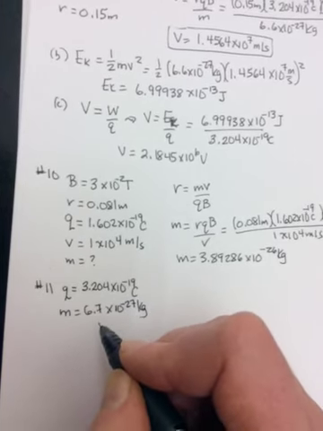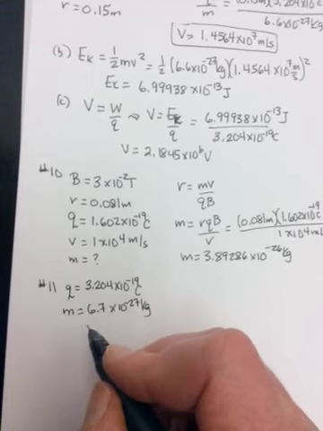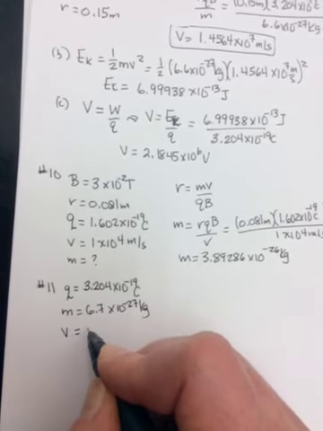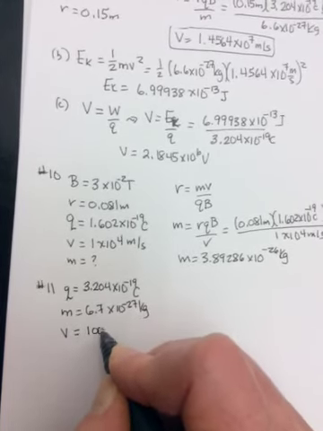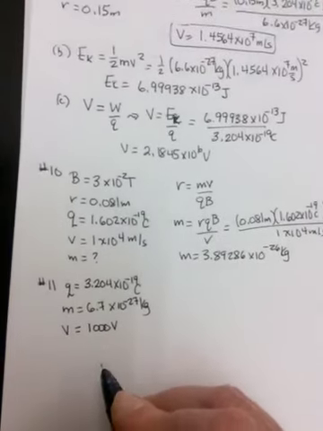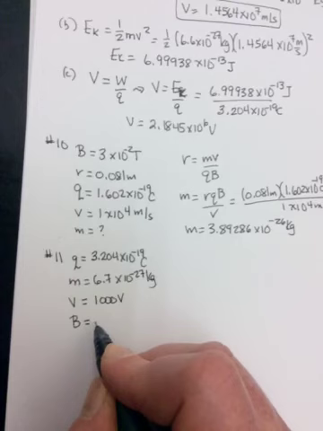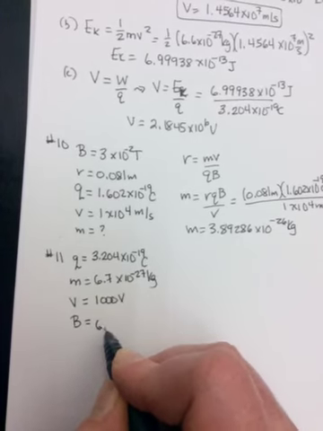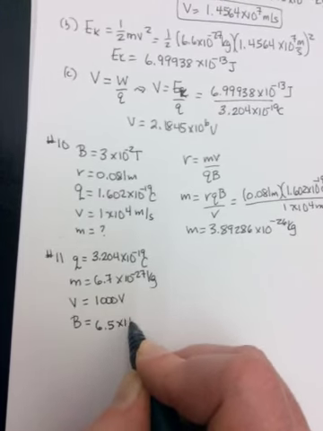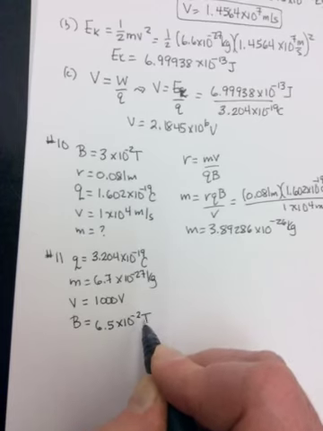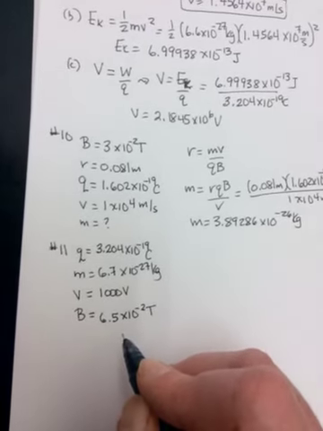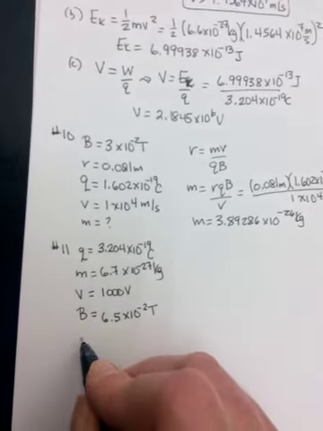Clearly the alpha particle put on mass since we did it. It's accelerated by a voltage of 1000 volts, 1 kilovolt, in a uniform magnetic field where B is 6.5 times 10 to the negative 2 teslas. What will be the particle's radius of curvature?